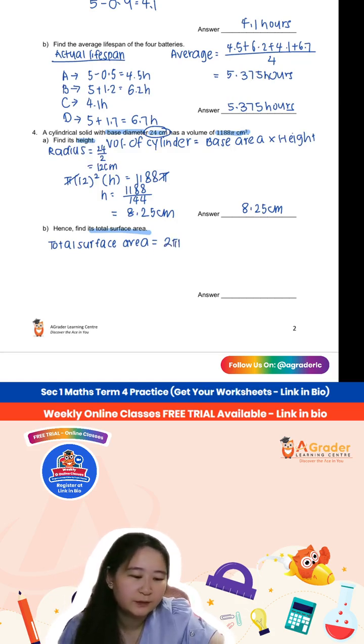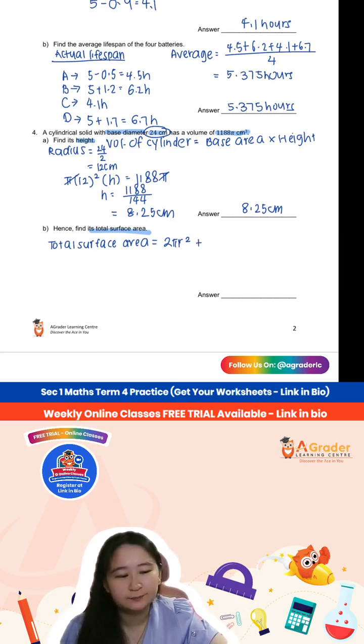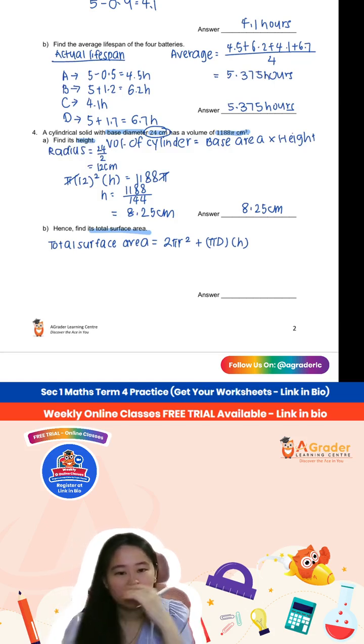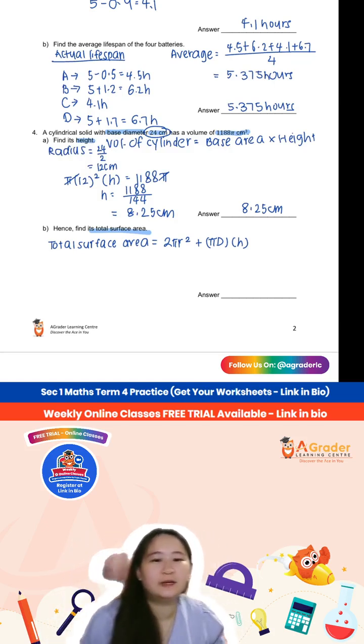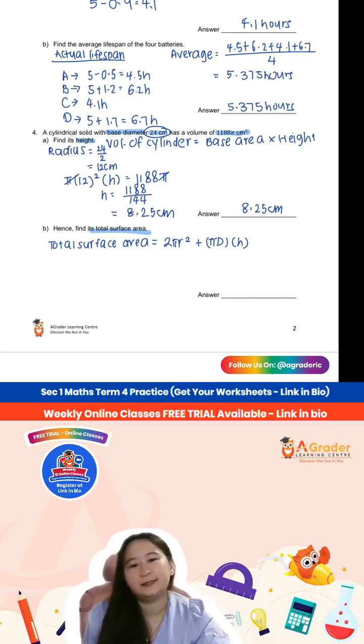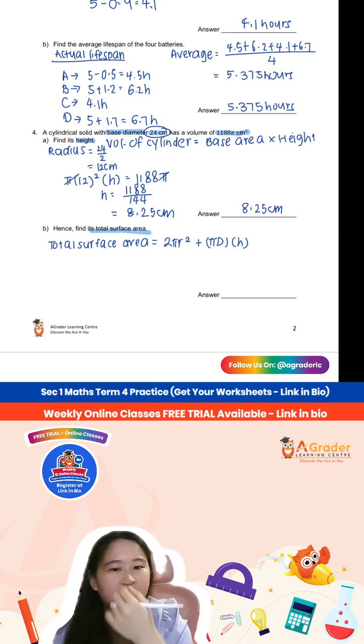So total surface area, 2 pi r square will be the area of the two circle plus pi d times height. Pi d times height will give us the circumference of the circle. Pi d is the circumference of circle. Then height is like the width of the rectangular paper when you flatten it.